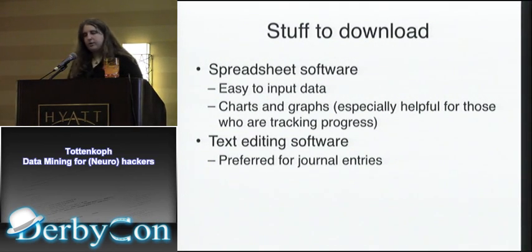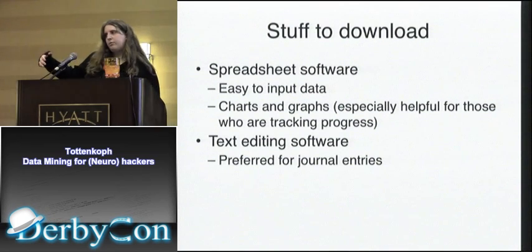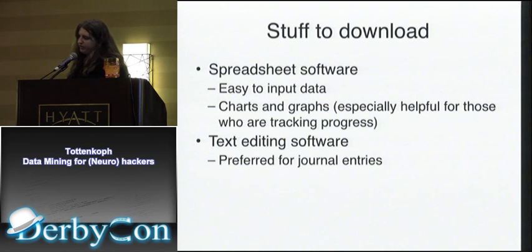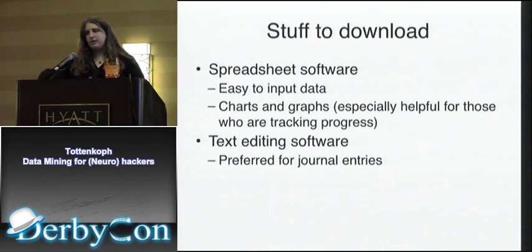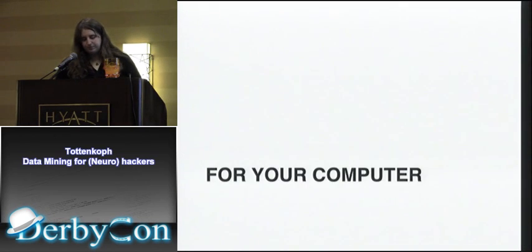Text editing software if you want to take journal entries, like if you want to keep a dream journal. Or note down if something particular happens so you can be like, oh, why did I eat more this day? Or why did my heart rate rise? Oh, well, according to this journal entry, I don't know. I just had a crappy day, so that's why all this happened.